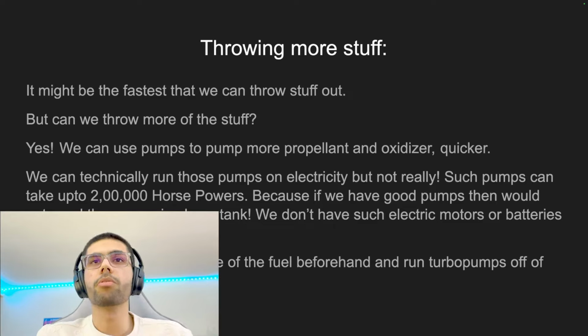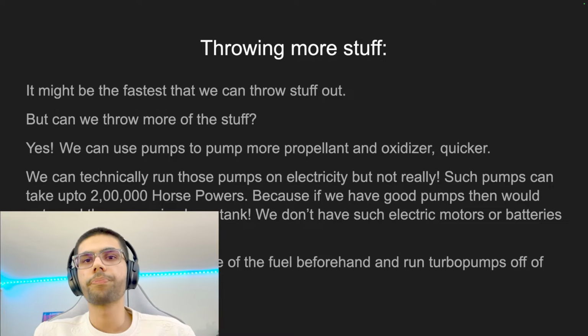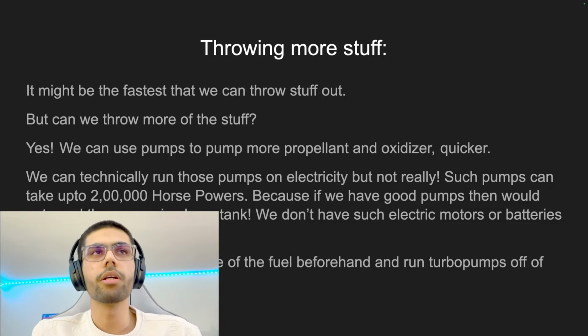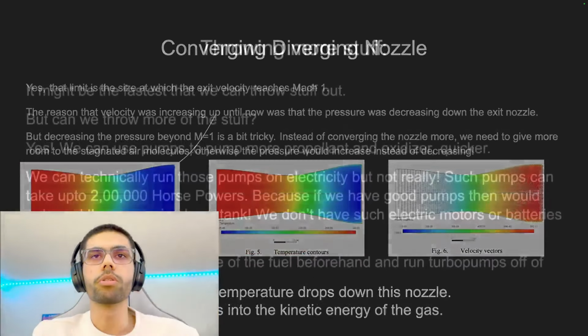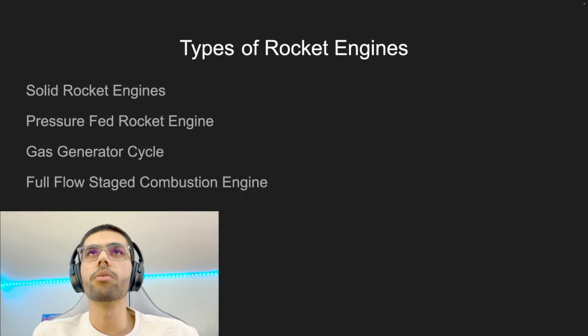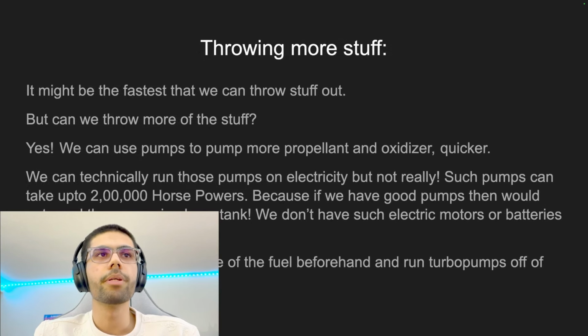We don't have pumps good enough, or even if we have, we're going to need batteries so heavy that it's not going to be a good idea to put in rockets. Now, if we need a pump and we don't want to use electric motors, we can use a turbo pump. Basically, it's a pump with a turbine.